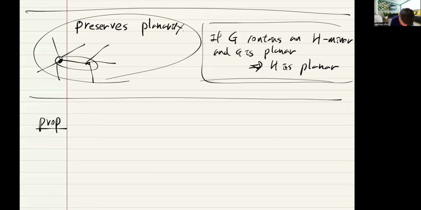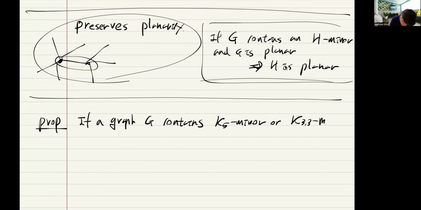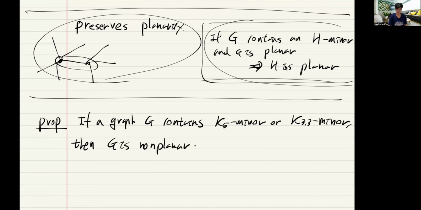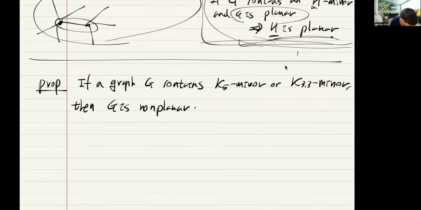It says that if a graph G contains either a K5 minor or a K3,3 minor, then it is not planar. So we know this. If you put K5 or K3,3 as H, then the conclusion is wrong, since H is not planar. You take the contrapositive, and then what you get is that G is not planar. So we know this.